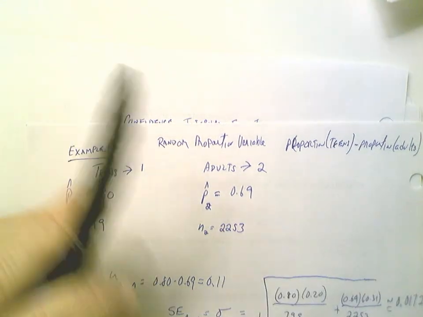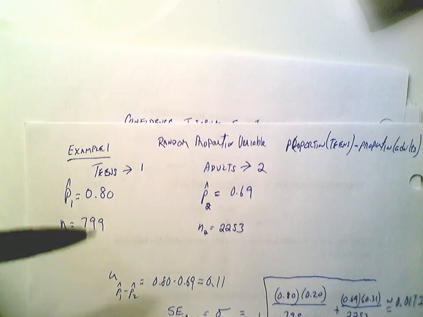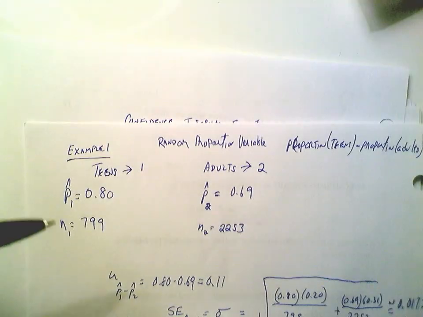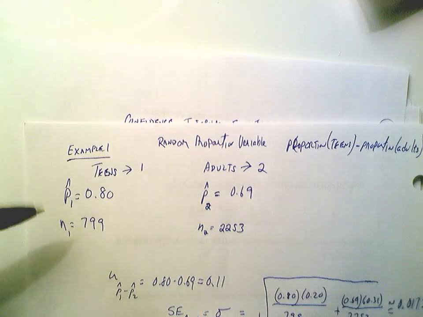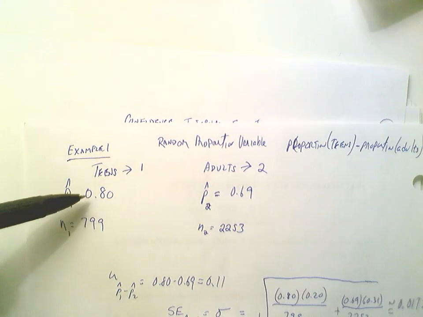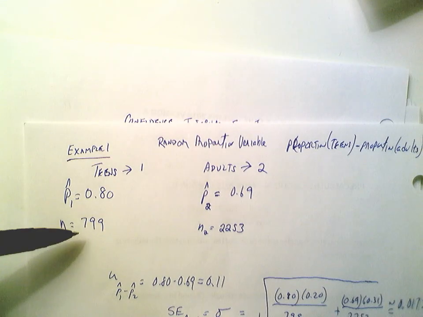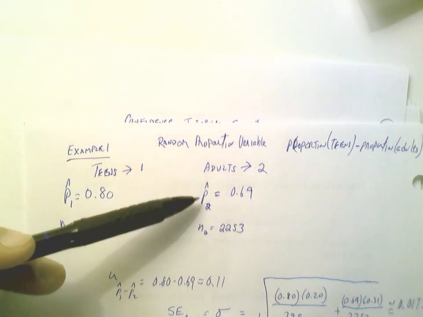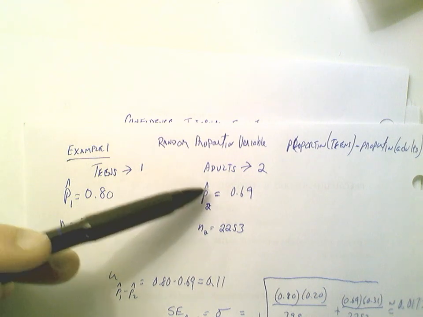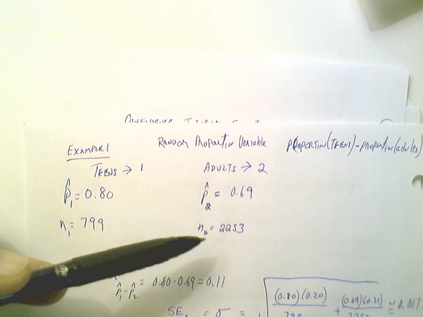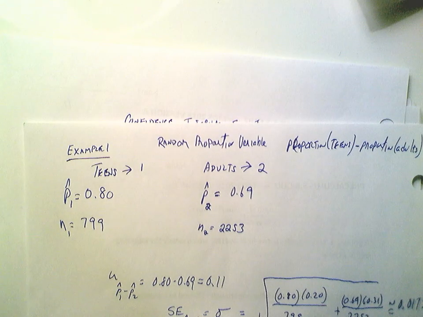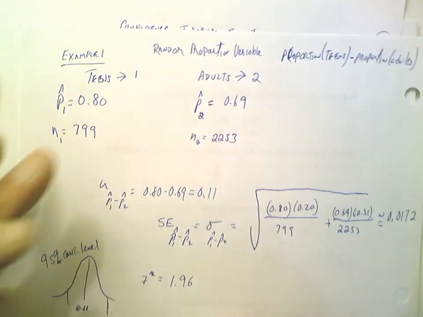Remember, we're looking for the proportion of teens minus the proportion of adults, the difference between those two population proportions. I have a p hat for teens of 0.8 and a sample size of 799. For adults, I have a p hat sub 2 of 69% and a sample size of 2253.